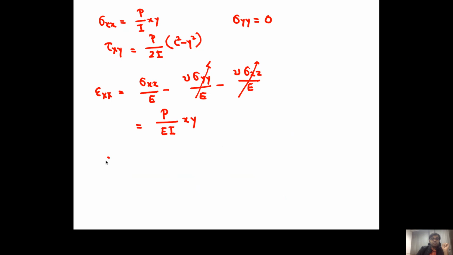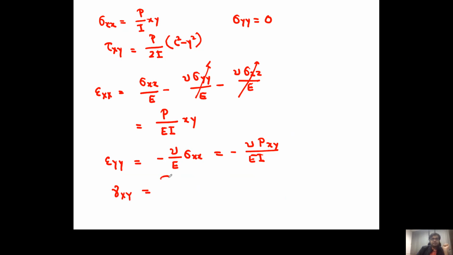Right? What will be epsilon yy? Epsilon yy is again minus nu by E sigma xx. The other terms will be 0, so nu will be there, and then this comes into the picture, which is P xy by EI. And lastly, what is gamma xy?